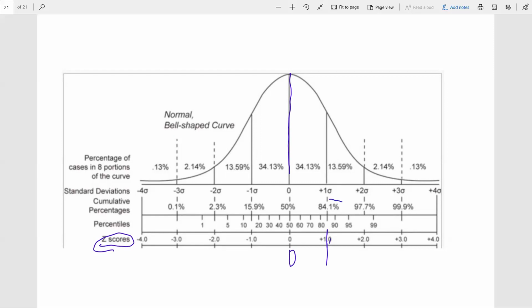And that means that 84% of the data is below you, and basically 16% is above you. If you were a 3 sigma score, you're ahead of 99.9% of the data, and 0.1% of the data is above you. Anyway, that is the video on the normal distribution.